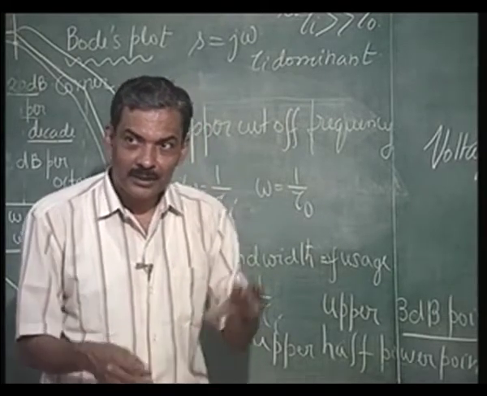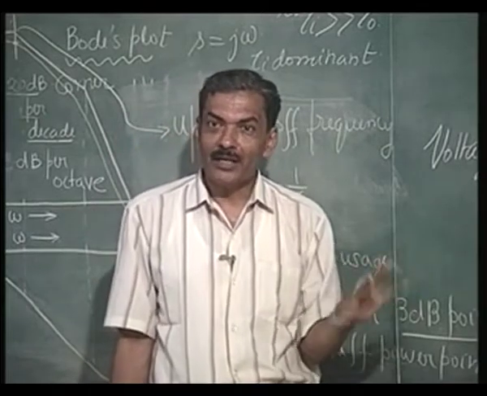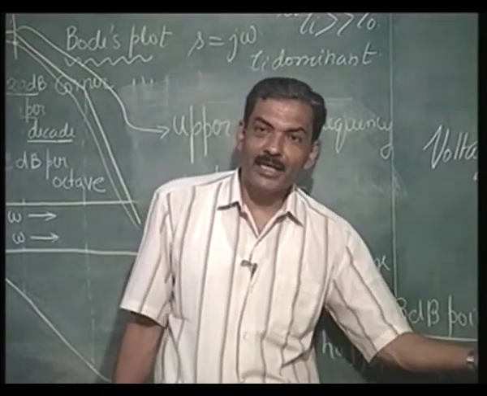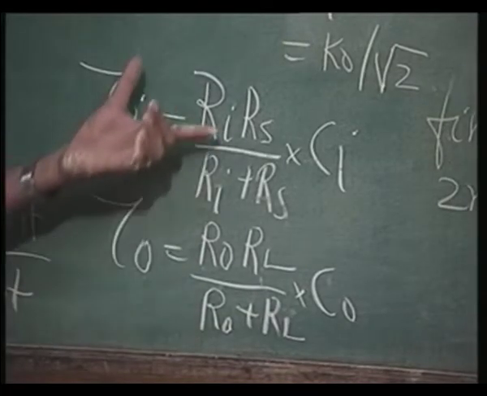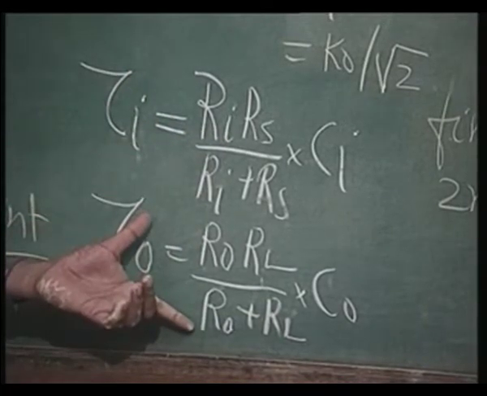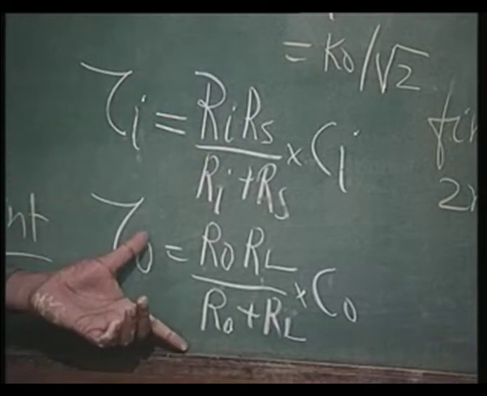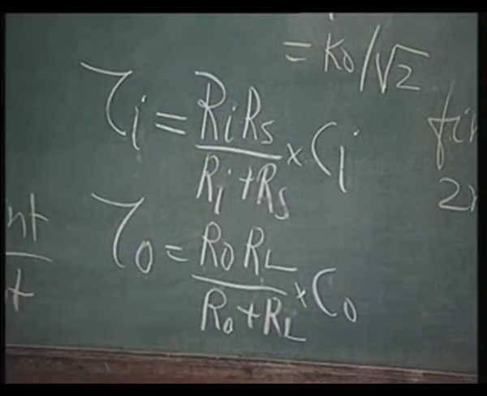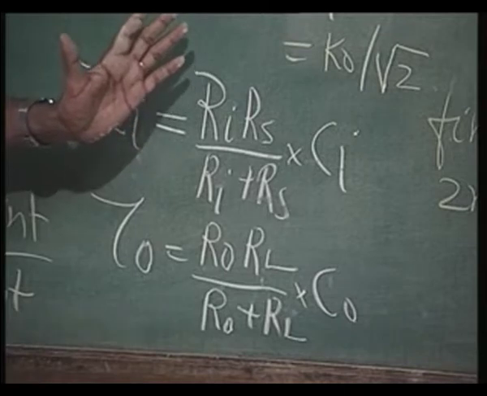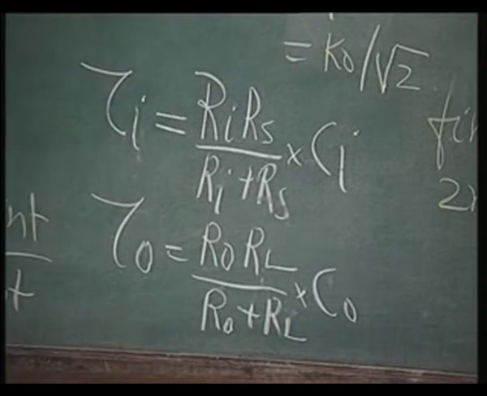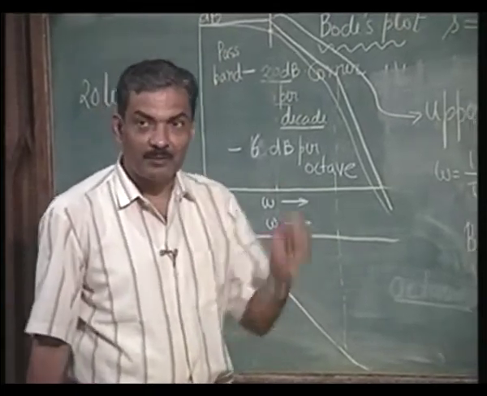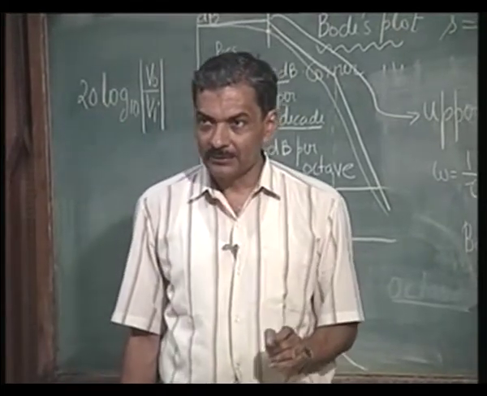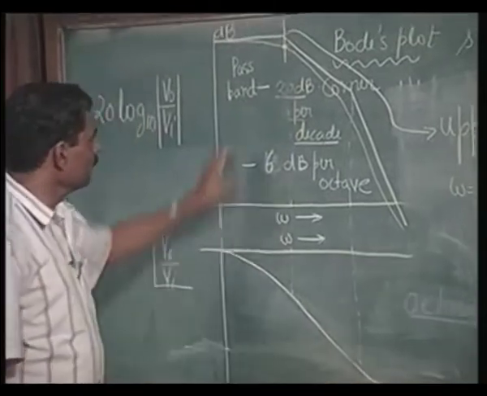So either it can be voltage controlled or current controlled. Either it can be a voltage source or current source. So, as long as you are using ideal amplifiers which are driven very nicely, then you are going to achieve wide band for your amplification. Therefore, this is one of the important performance factors of an amplifier, the bandwidth of an amplifier, and that is determined by this Bode's plot.